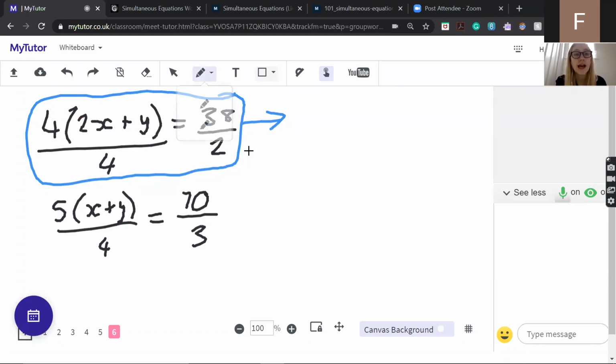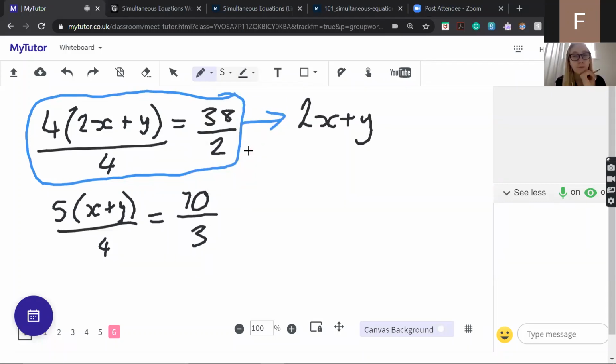So these 4's cancel out, and we're just left with 2x plus y on the left-hand side. Hopefully that bit makes sense. And then on the right-hand side, well, 38 over 2, we can simplify to a whole number. 38 divided by 2 is 19. So hopefully that makes sense.